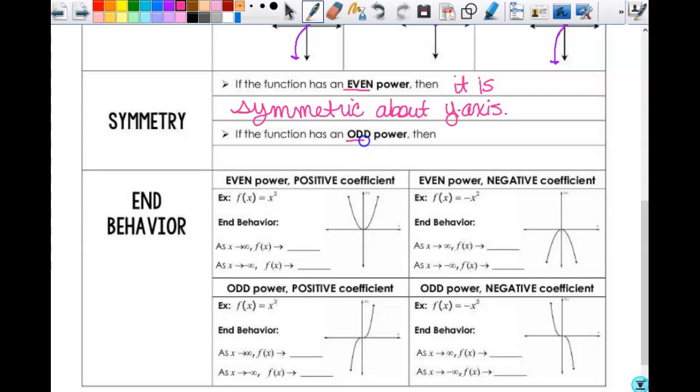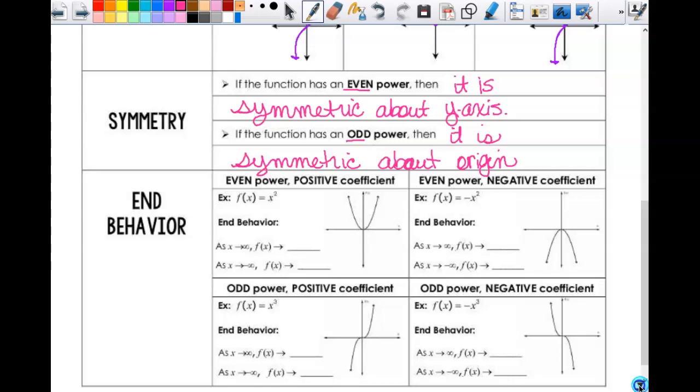If the function has an odd power, then it is symmetric about the origin. Like even and odd functions, but it's not always just about the power that makes it even or odd. It is if it's a power function.